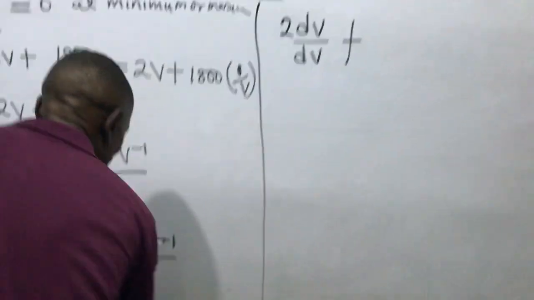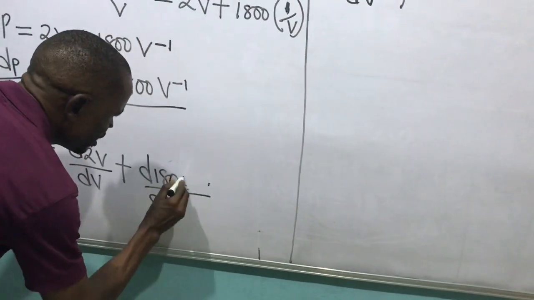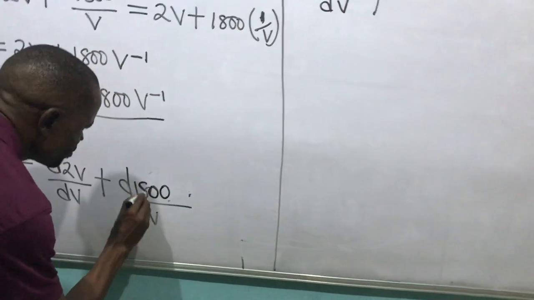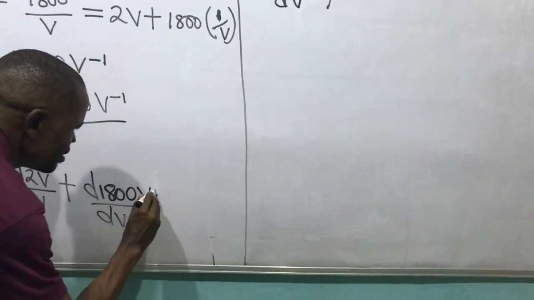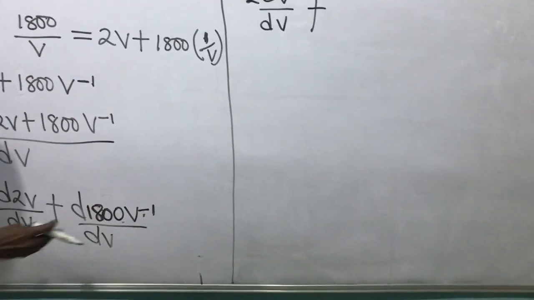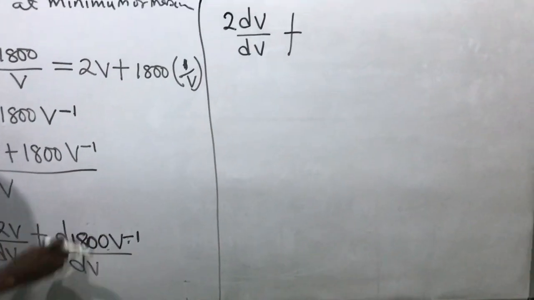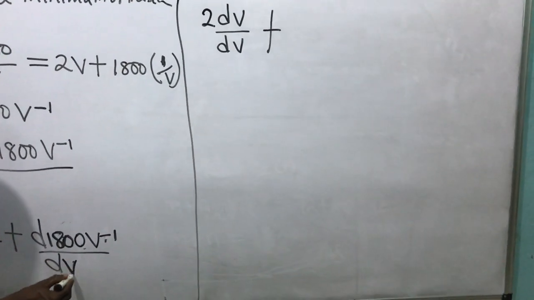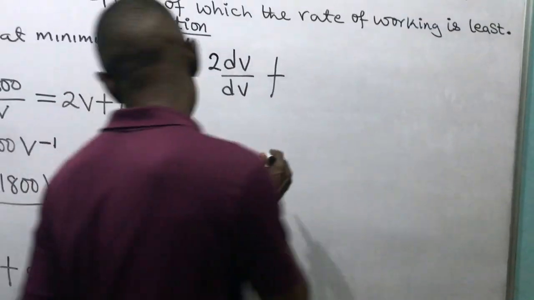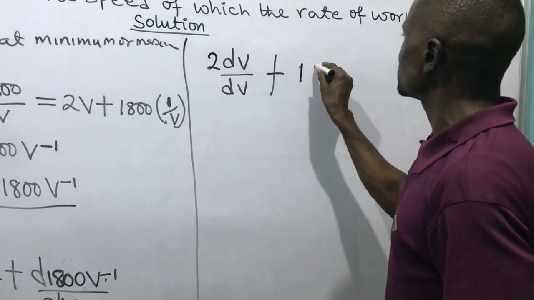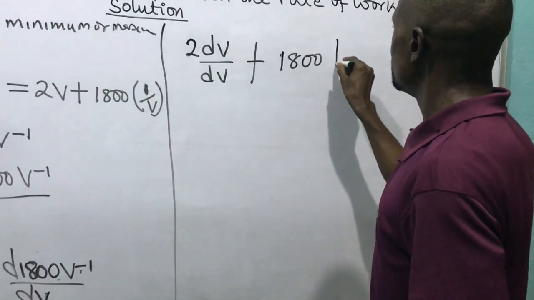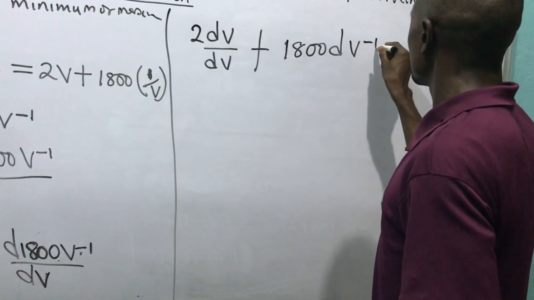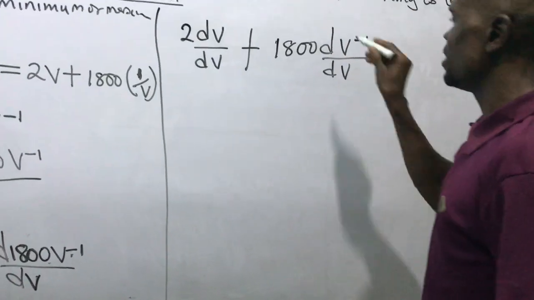Oh, what did I write here? That should be 1800 V raised to power minus 1. This 1800 is a constant attached to the variable V raised to power minus 1, so I can bring it out to have 1800 d(V to the power minus 1) over dV.